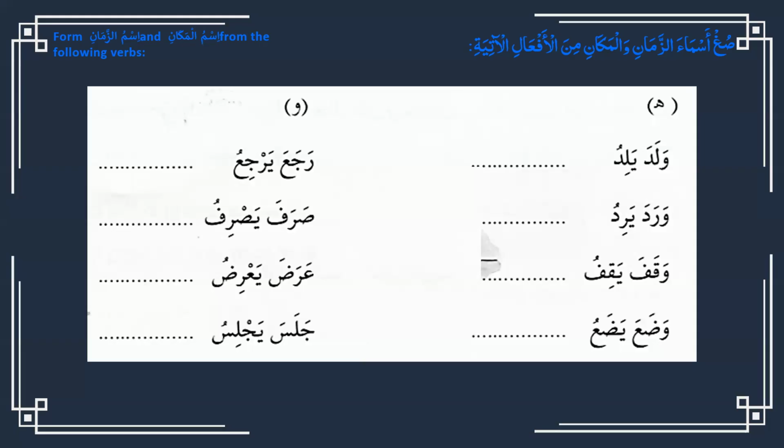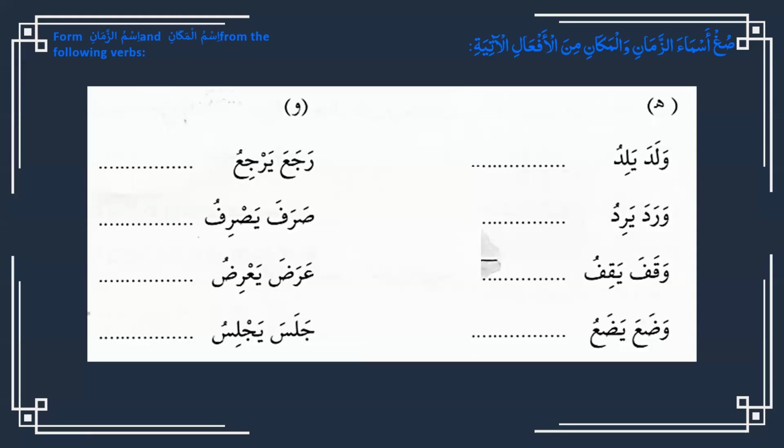Warada yaridu. Then the maurid is resource place. Resource, resorts, and by the way, the same word is used for a place where you can actually deliver the water, like a watering place. That's also used for the same word, morid. Okay. So wakafa yakifu, he stands or to stand.